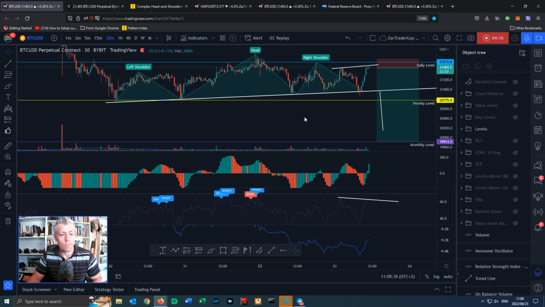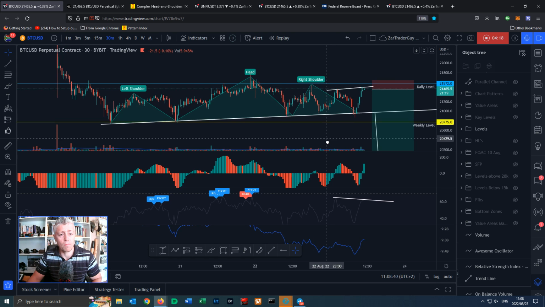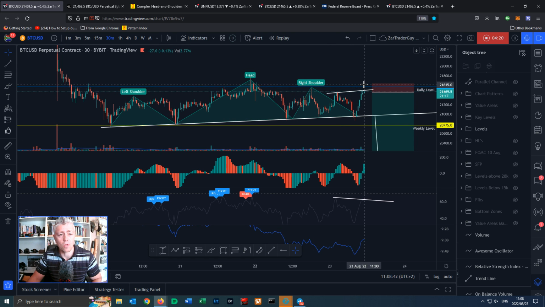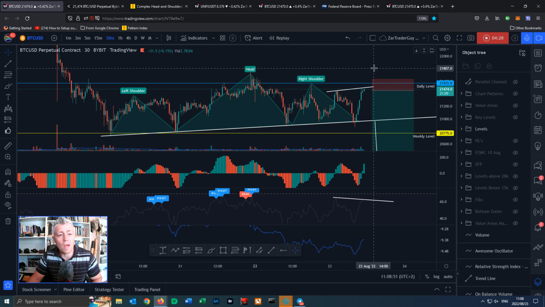So if you're taking this trade, make sure you set your stops. Probably, I'd say just above this $21,600 area, because we could still get wicks above this area here, above the head, 21,700.